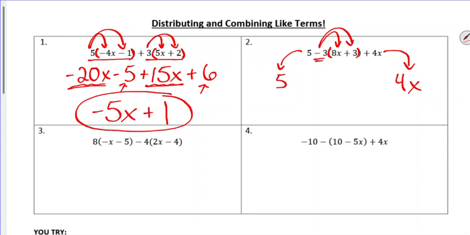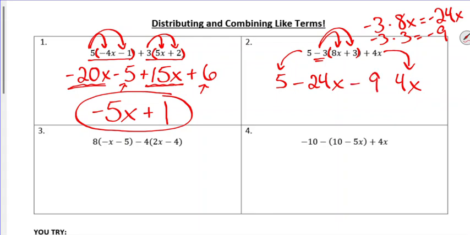-3 times 8x and -3 times 3. -3 times 8x is -24x. So I'm going to write that as -24x in my next step. And then -3 times 3 is a -9, so I'm writing that as -9 in that next step.